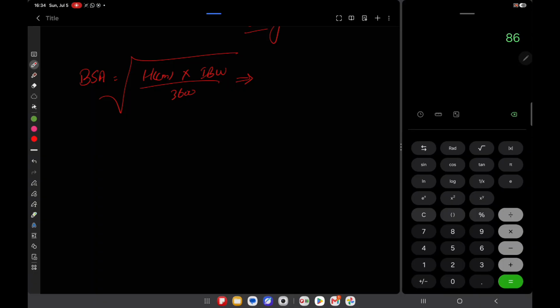Implies that height is equal to 192 centimeters multiplied by ideal body weight, that is 86, divided by 3600, whole under root. So 192 into 86 is 16512, divided by 3600, whole under root.